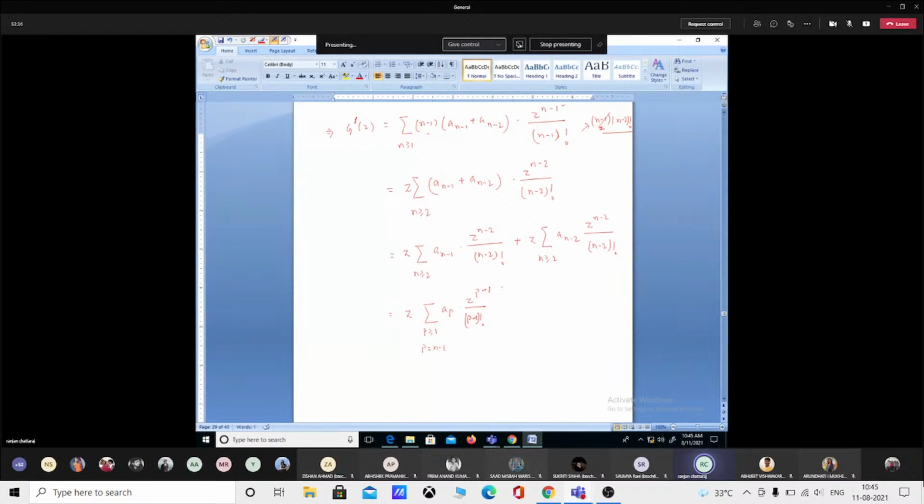And this becomes how much? Z, and it is n greater, so you may write p from 0 to n minus 2, then p greater than or equal to 0. It is AP z to the power p upon p factorial. Now tell me, what are these terms? So gz. Just a minute.